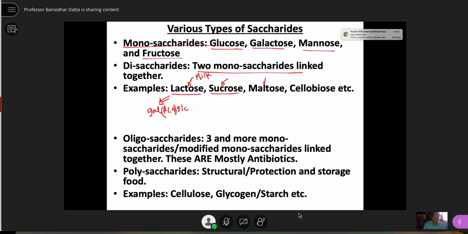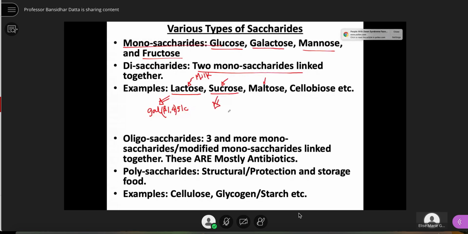So that's the chemical linkage. Lactose is the combination of galactose and glucose linked via the beta 1 carbon of galactose and the 4 carbon of glucose. That's our lactose chemical linkage.